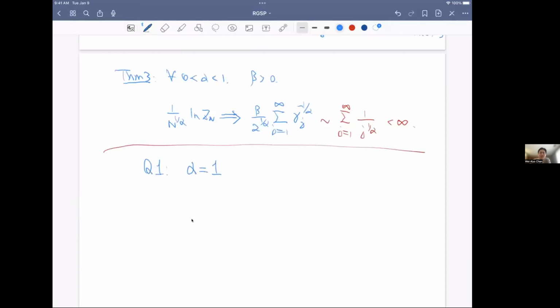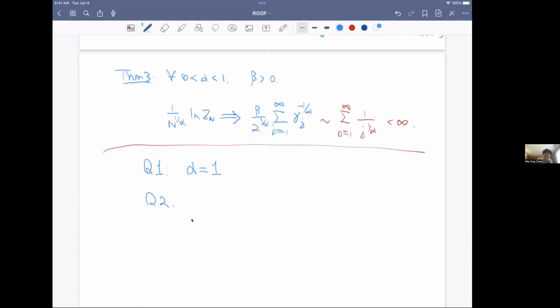In this case, literally, we did not try super hard to understand this case. But when we look over all of the proofs, all of the arguments for the alpha equals 1 case will break down. None of them will work. So somehow the treatment for alpha equals 1 is quite different from what we have in the paper. Now this is the first major question.